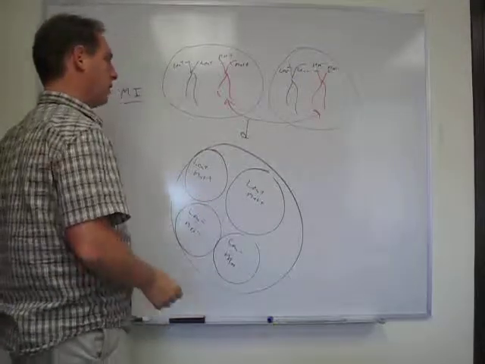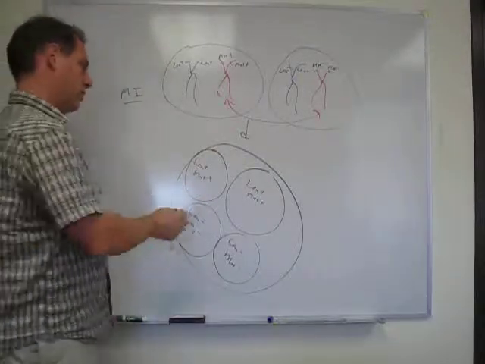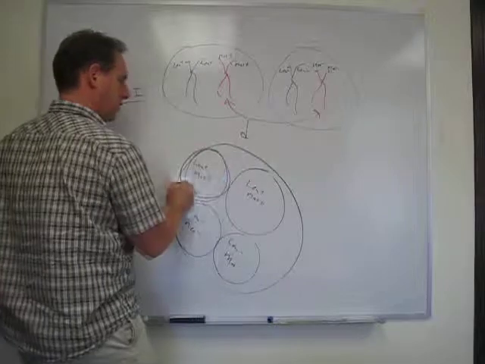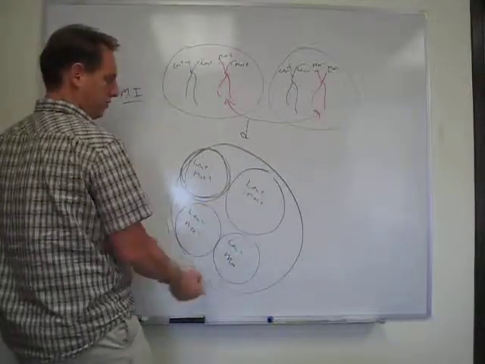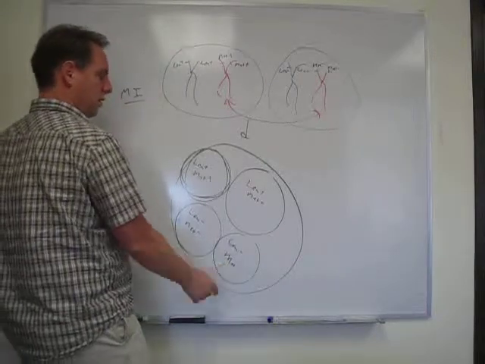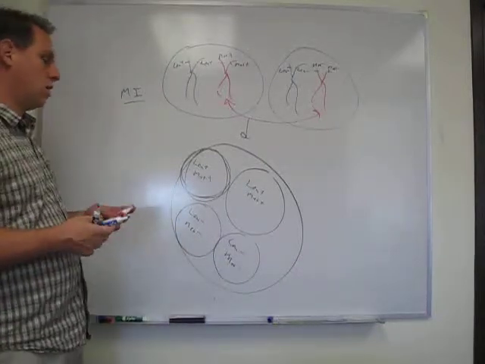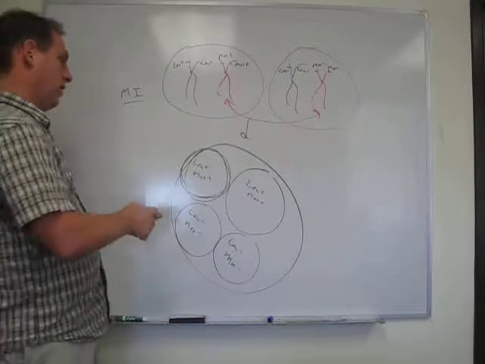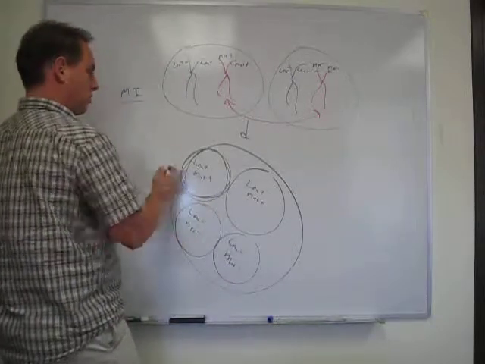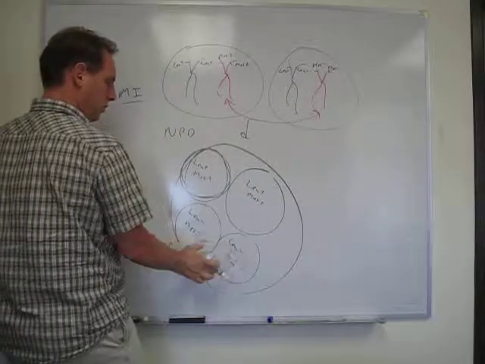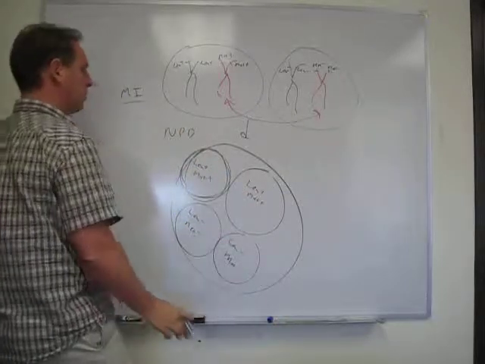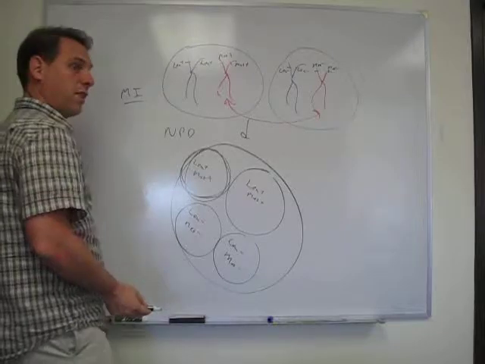That's as equally likely, but those are not the parental genotypes that came in from the haploid mating. So what is this particular tetrad? It would be called a non-parental ditype, because there are two kinds, this pair and this pair, and they're both the non-parental kind.